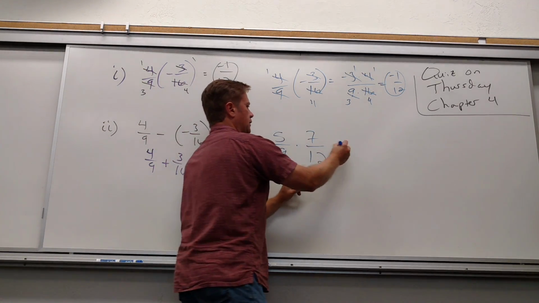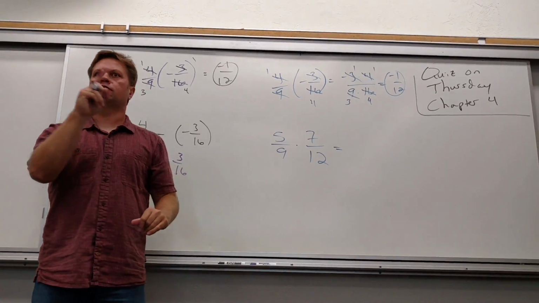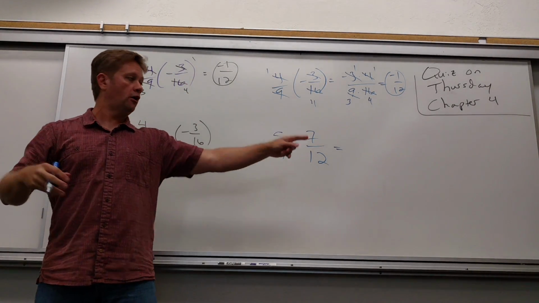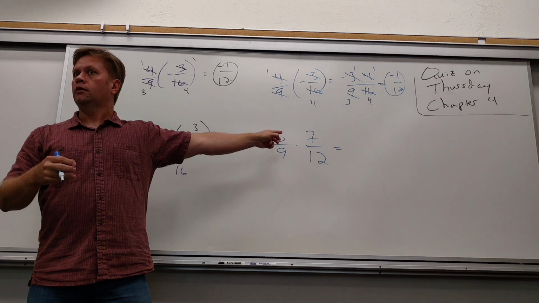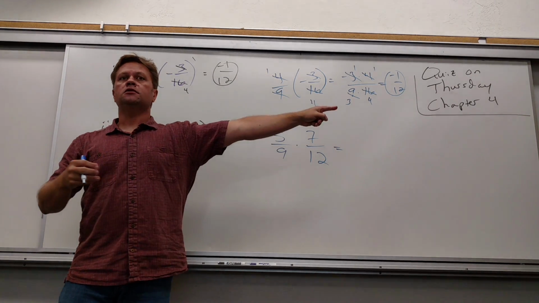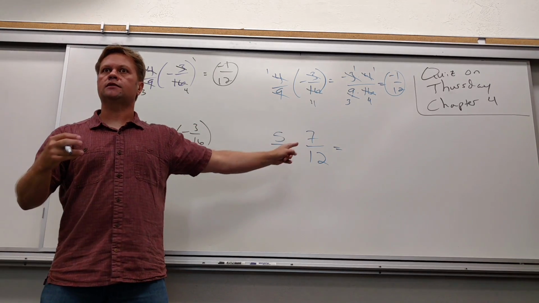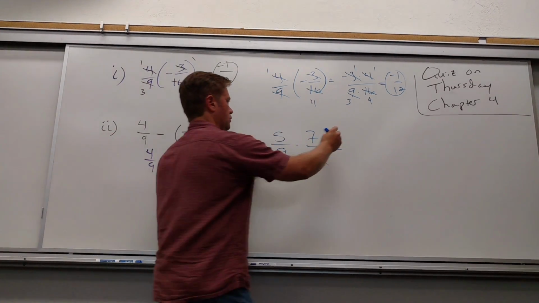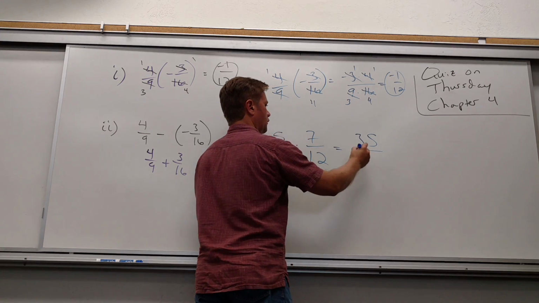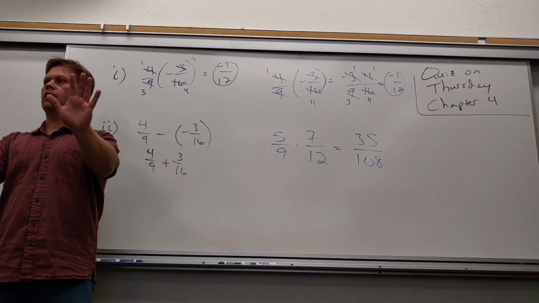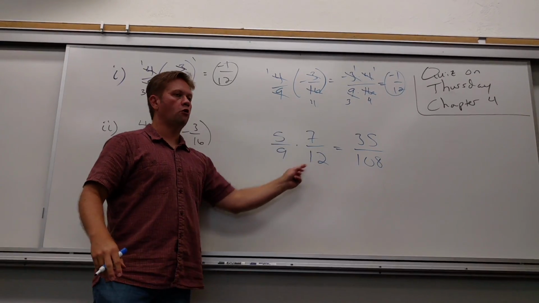So I am guaranteed that I do not have to worry about trying to reduce after I multiply, because what's one way I can reduce? Break things up. Aren't things broken up already? So if nothing will cancel now, there's no way something's going to cancel after I multiply them. I already see the factors. All right, so this will just be 35 over, what is that, 108? And then I'm not going to waste any time trying to reduce that, because I already know it won't reduce.